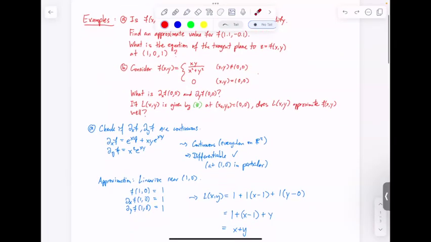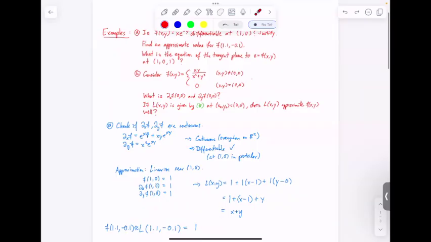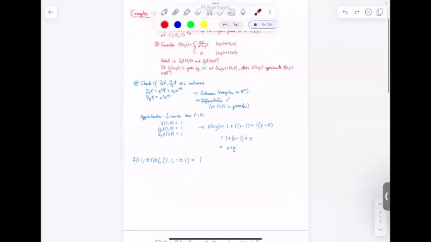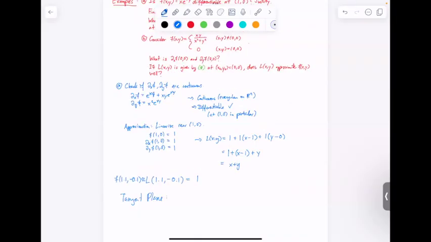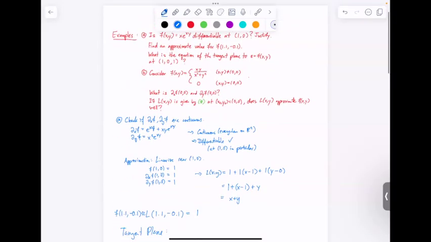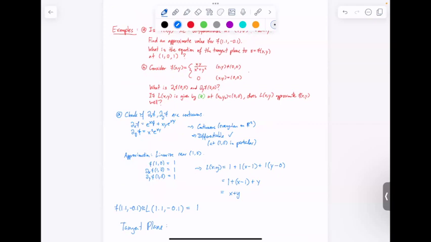All right, so what is the equation of the tangent plane to the graph z is equal to f of x, y here? So the tangent plane is given to you by the linearization, right? Okay, so we have a candidate here already given in chat. Let's see how we get that. You want the linearization at 1, 0, which you just had.